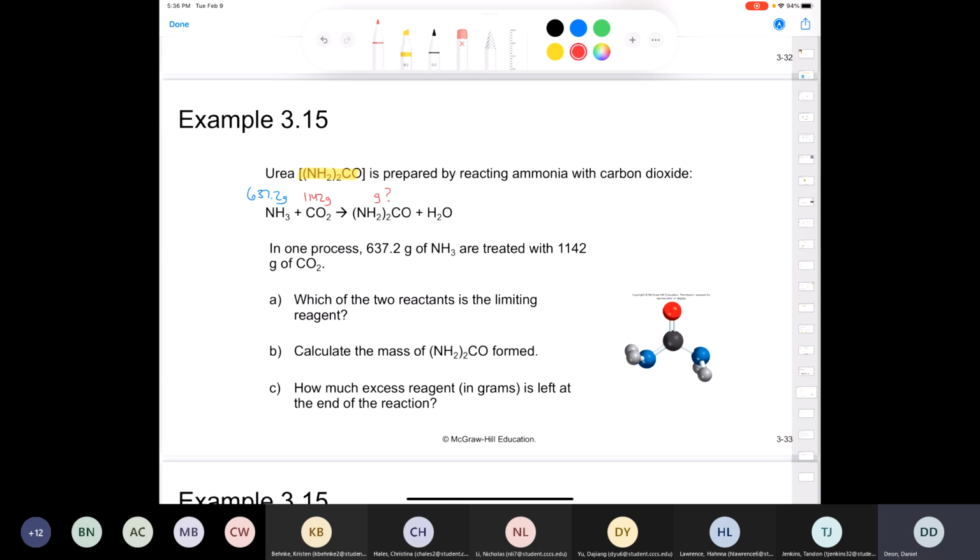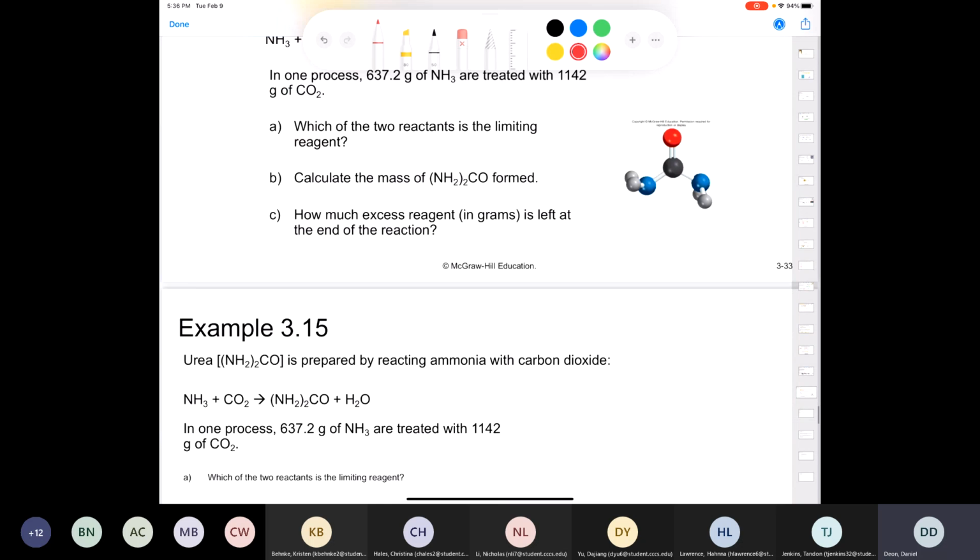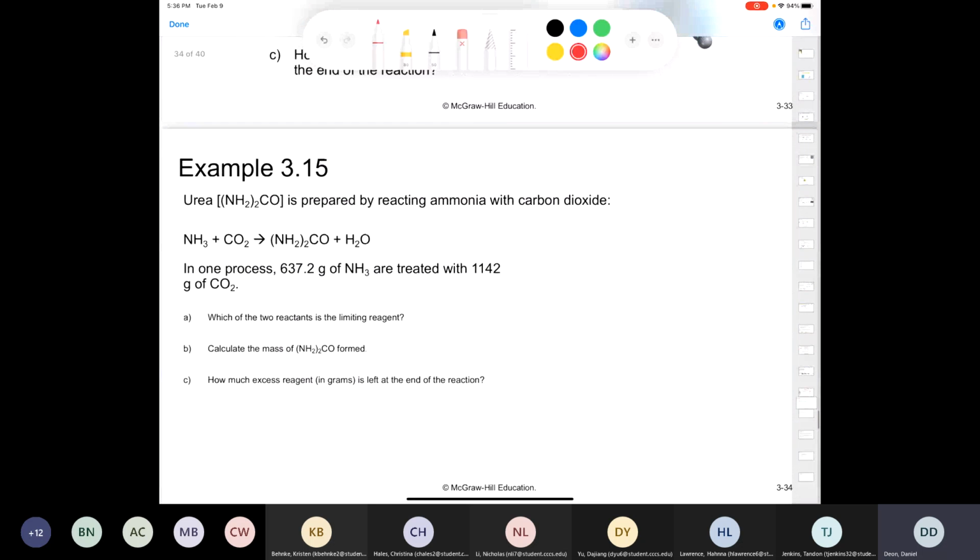Well, the first thing I notice is that we don't have a balanced equation, so we would want to do that first. I'll do it up here at the top. You have your ammonia plus your carbon dioxide, and it's producing your urea plus water.